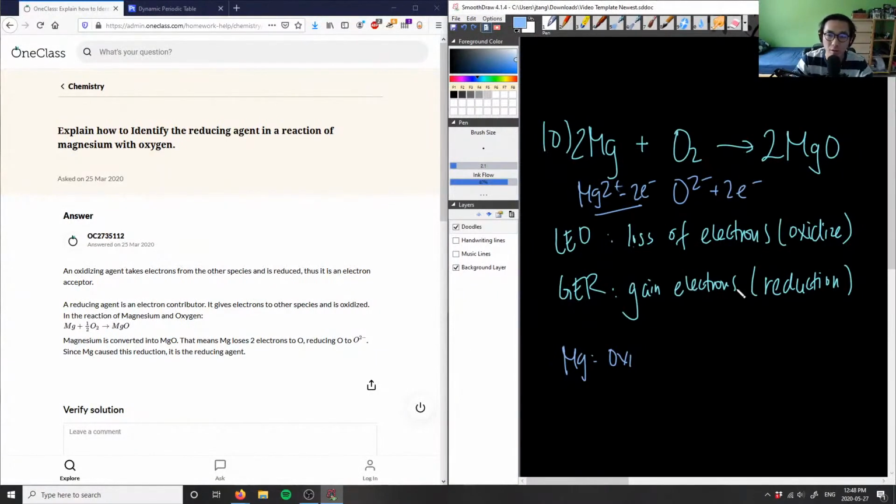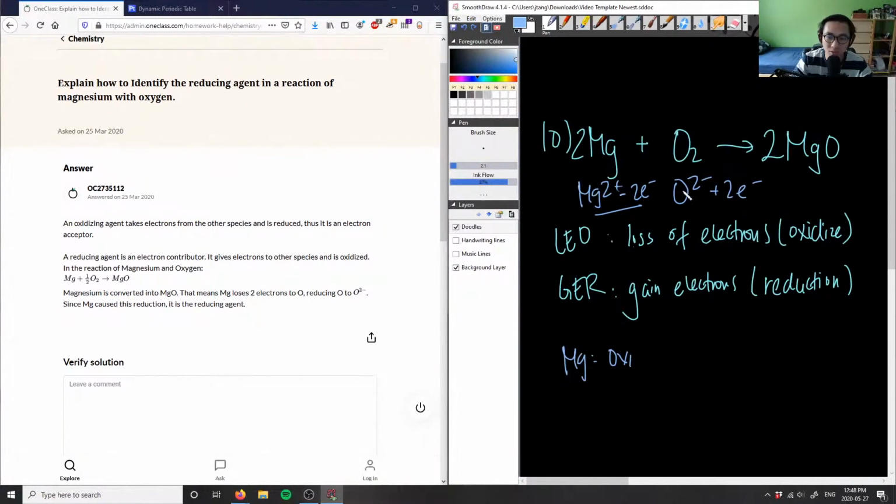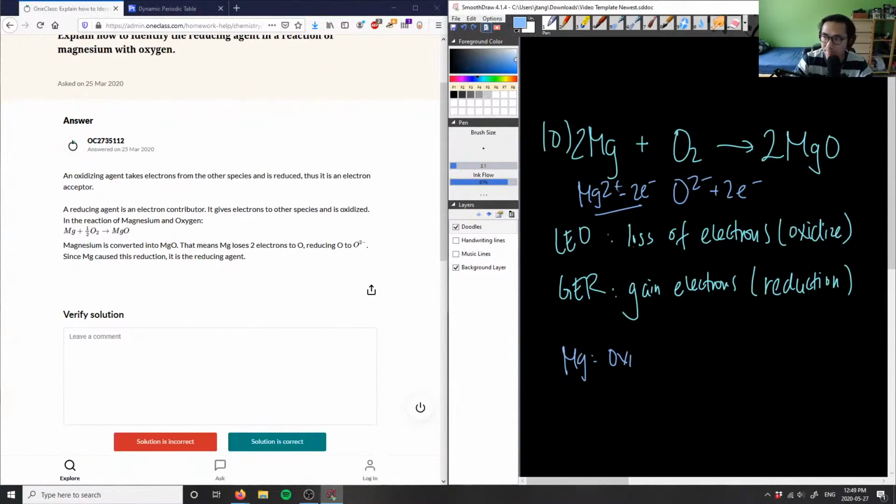Gaining electrons, again, I said is reduction. So therefore, oxygen here is my reducing agent. So this solution is incorrect. Let me try to figure out what a good mnemonic is. I use LEO and GER, but there might be a better one for you as well. So just give me a second while I look for this.